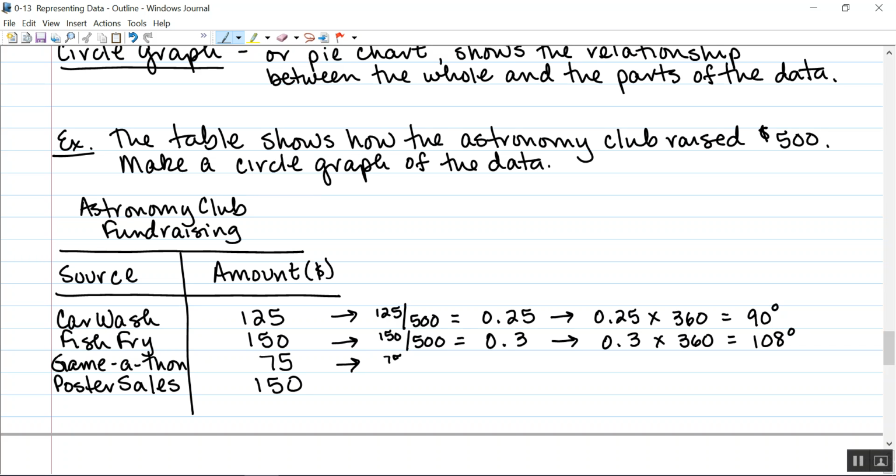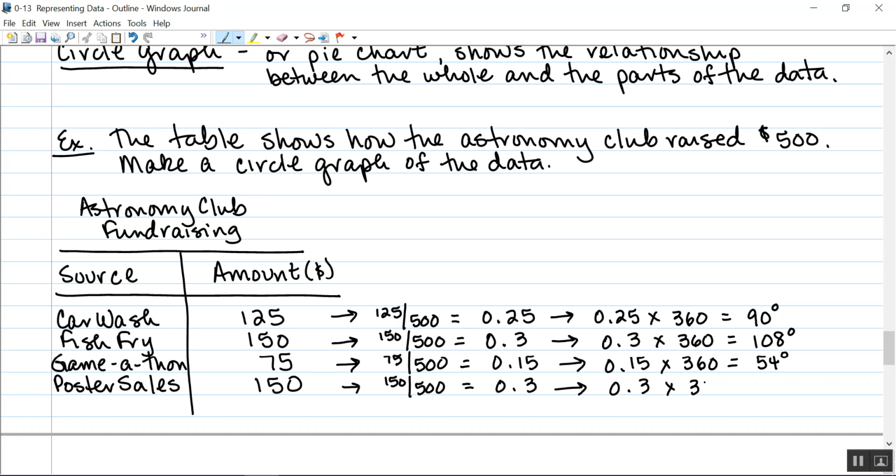The game-a-thon raised $75 out of the $500, and that is 15%, or 15% of 360 is, what is that, 54 degrees of the circle. And 150, I already did that one up here, but I'll just go ahead and fill it in. So $150 on poster sales, that's 30%, or 30% times 360 is another 108 degree segment.